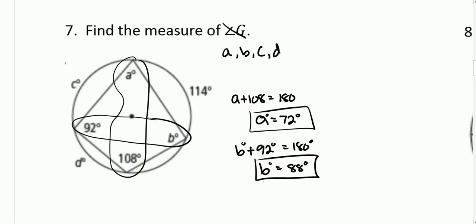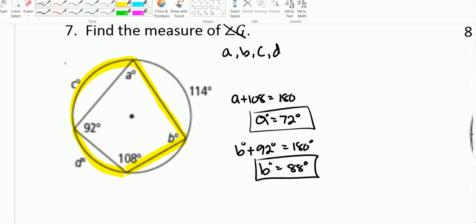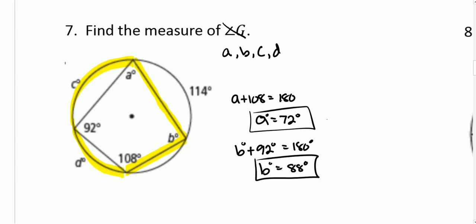And now for C, we can view B as an inscribed angle corresponding to the measure of arc C and D. So what we have here is we know B, which is 88.